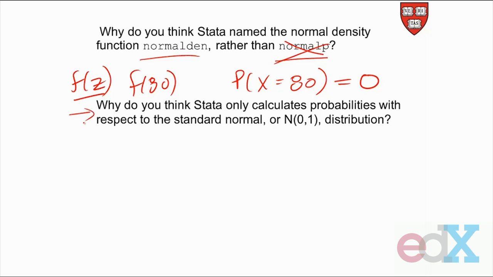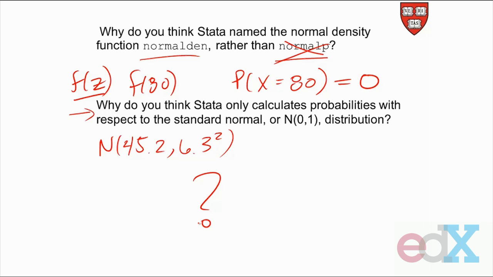So the next question we're going to look at is, why do you think that Stata only calculates probabilities with respect to the standard normal distribution? Why can't we use some function in Stata that allows us to calculate probabilities for a normal distribution with mean 45.2 and variance 6.3 squared like we want to? And the answer to that is I have no idea.